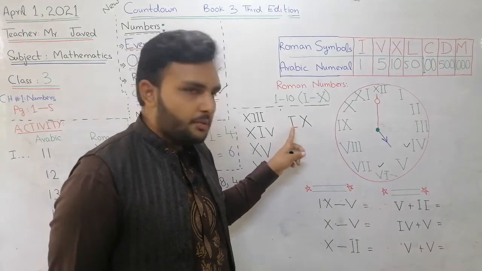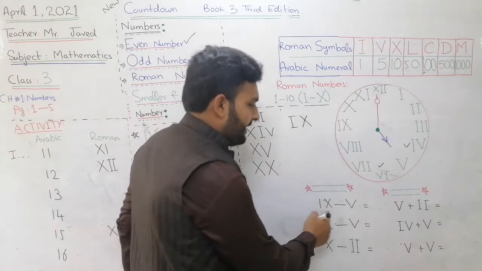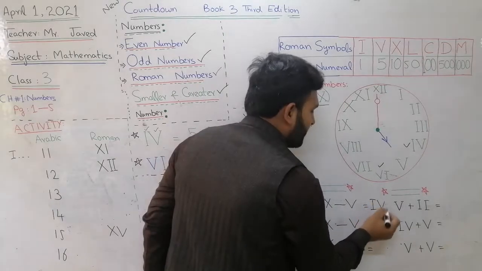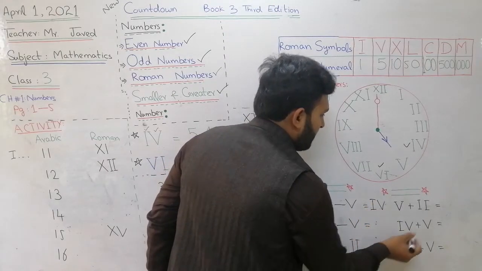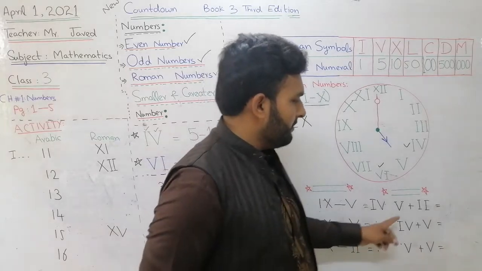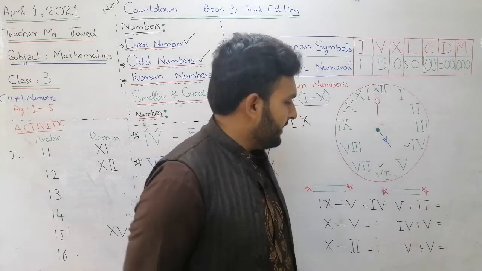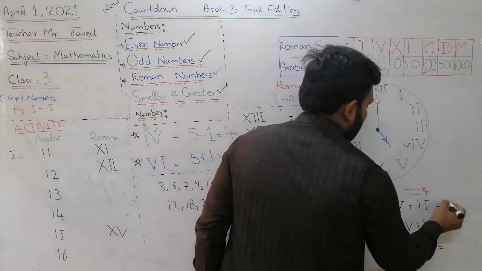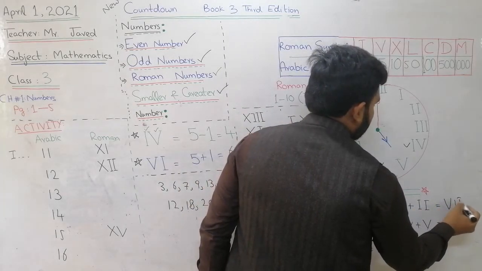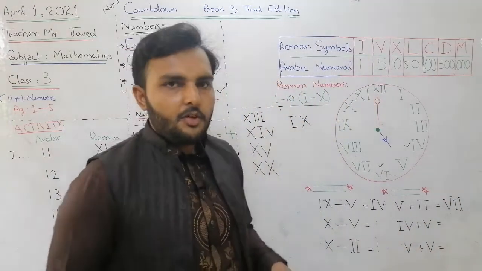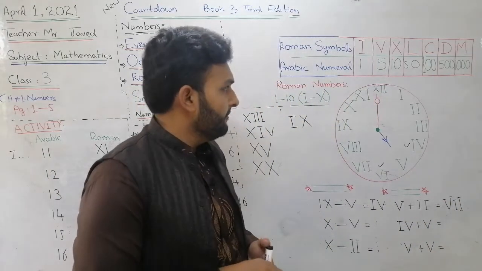So 10 minus 1, it will be 9, and 9 minus 5, it will be 4. So it will be right like this. The others you will solve by yourself. And for addition, I will solve one. This is 5 and this is 2I, so it will be 7. So how will we write? We will write like this, 7. You will solve the others on your rough copy and then on your neat copy.